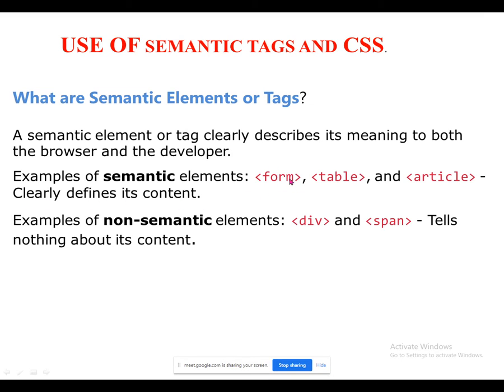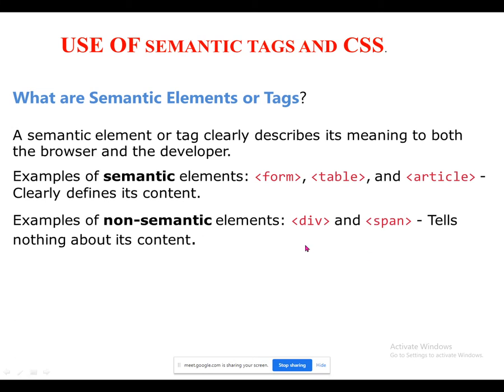That means by the name only, it gives you information about its contents. Like a table: naturally you'll get all the table information in the table. Like when you are using the form tag, this form tag is going to include all the form information or elements under the form. That's why such tags are called semantic tags.